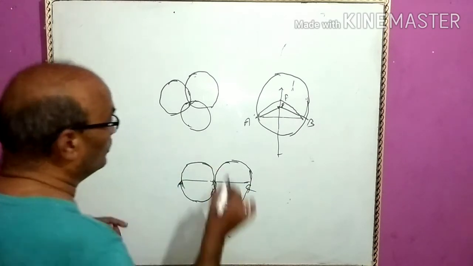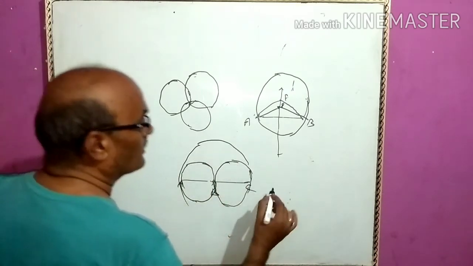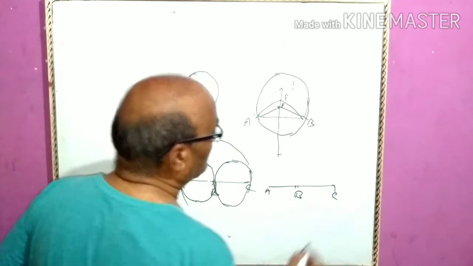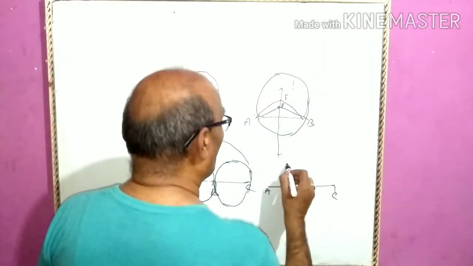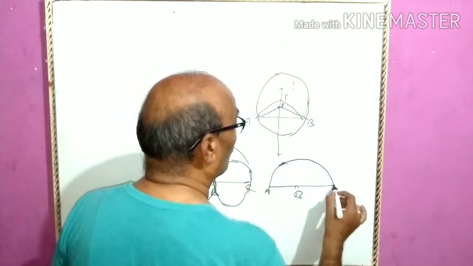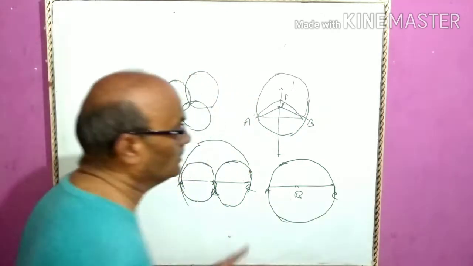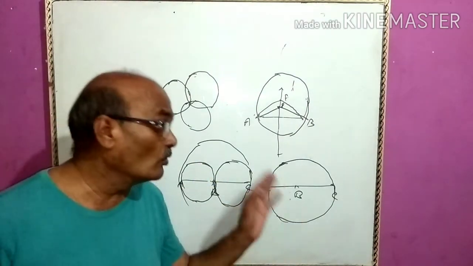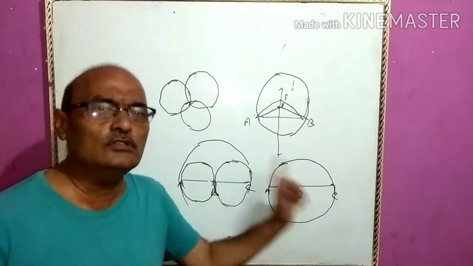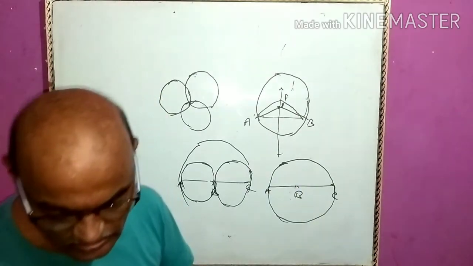And if we pass the circle through A and C, B is left. So we can say that no circle will pass through 3 collinear points. No circle will pass through 3 collinear points.